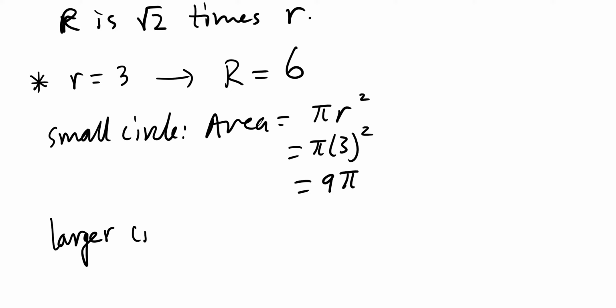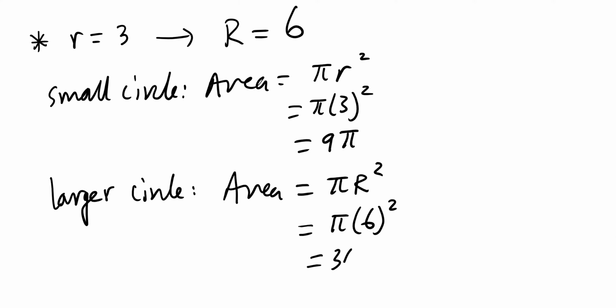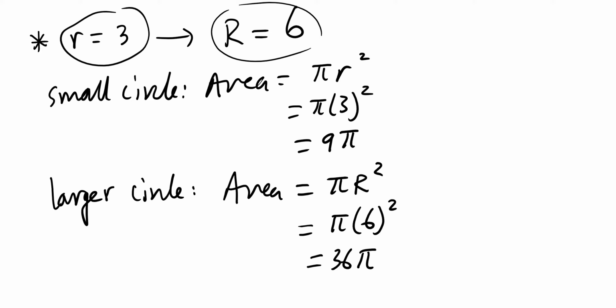But the area of the larger circle is pi capital R squared, pi times 6 squared. So that's 36 pi. So people think, okay, the radius is double, so the big circle will be twice as big.